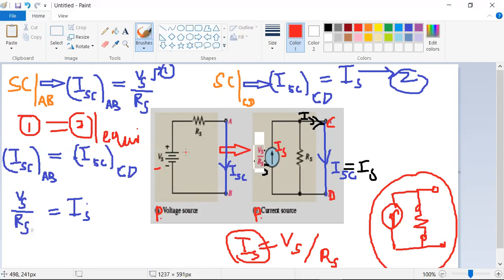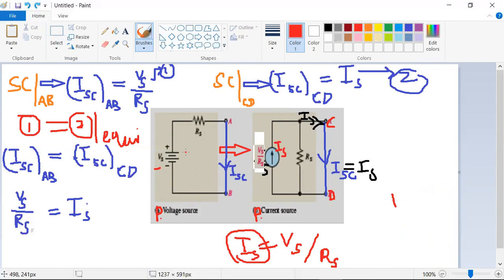So I converted a practical current source to a practical voltage source. Let me clear these points so it is visible to you all. Remember this point, it is very important, and this derivation is also very useful for you.